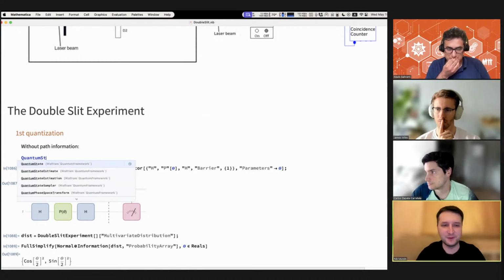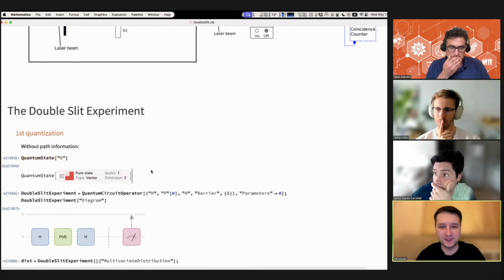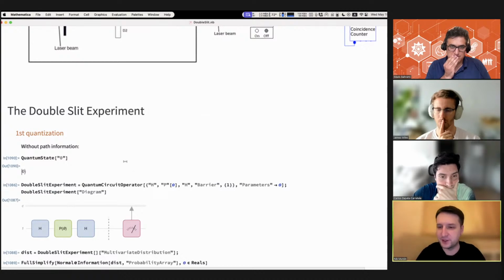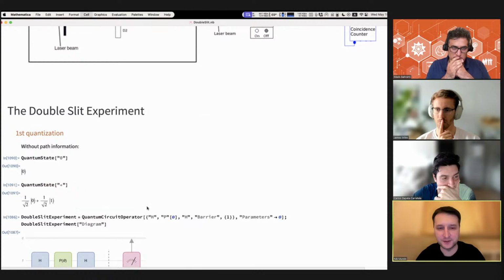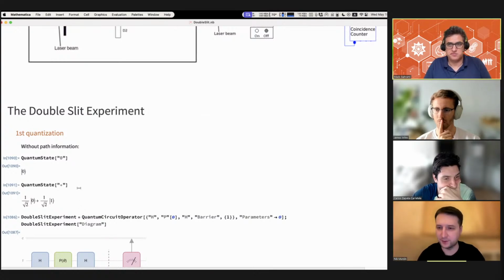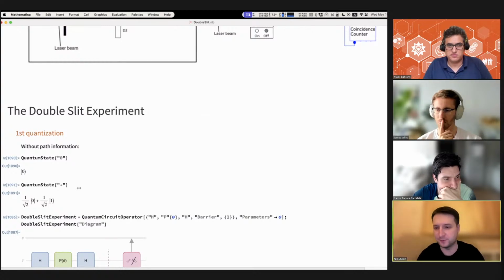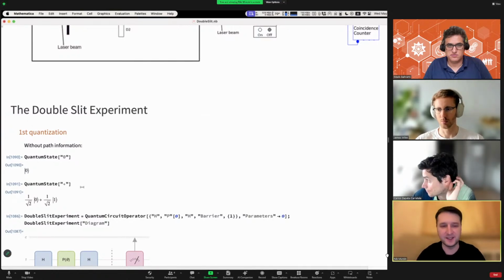So if you start with a zero state, interpreted as your initial laser beam located in a single position, turning it into a superposition turns it into a different state that is now interpreted differently: zero is the beam going to the left slit, and one means going to the right slit. So you model the path directly using the superposition.